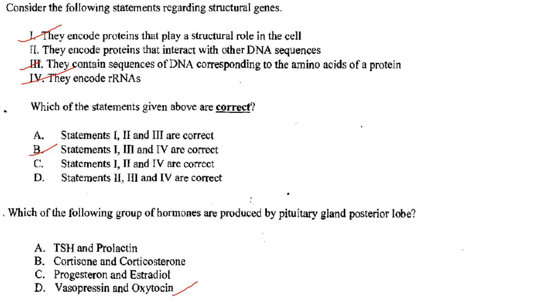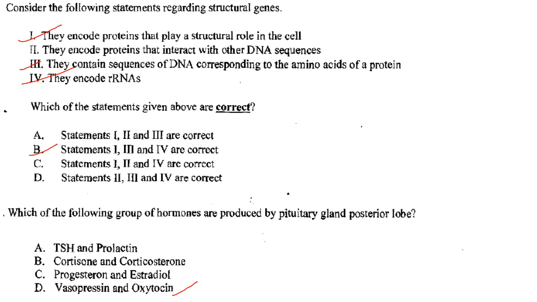A structural gene is a gene that codes for any RNA or protein product other than a regulatory factor, that is a regulatory protein. Also encoded by structural genes are non-coding RNAs such as rRNA and tRNA, but excluding any regulatory miRNAs and siRNAs. So they do not encode proteins that interact with other DNA sequences.